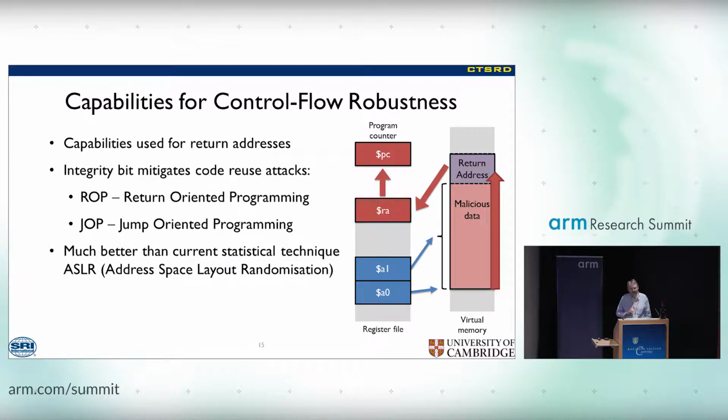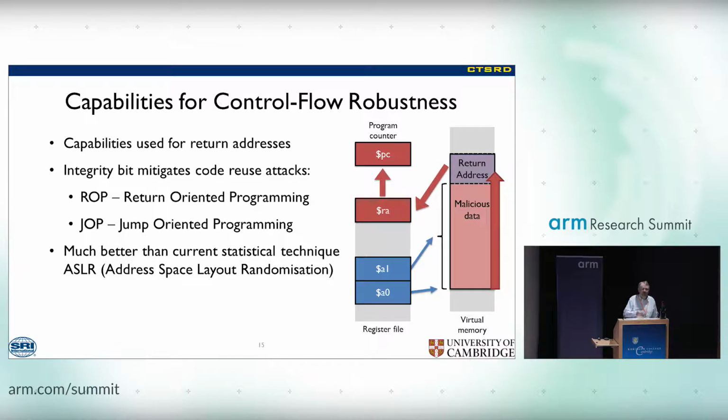We can also take it further. We use these capabilities to refer to code pointers. So capabilities can be used for return addresses, and this helps us mitigate attacks like return-oriented programming and jump-oriented programming attacks. You may be oblivious to these sort of attacks, but actually on current systems, techniques like address space layout randomization are routinely used.